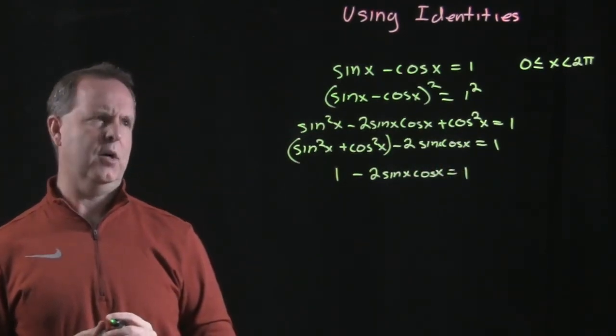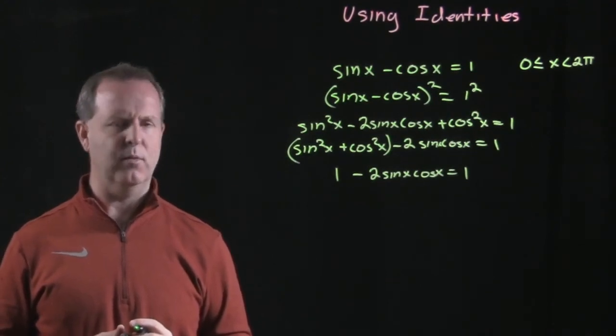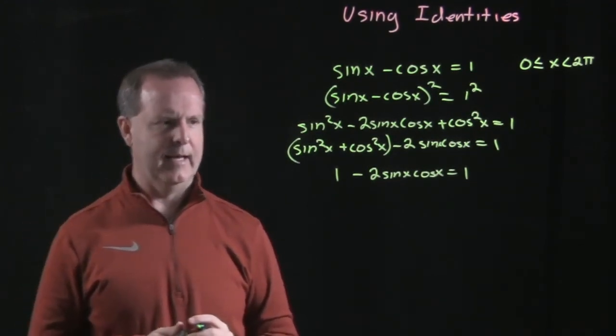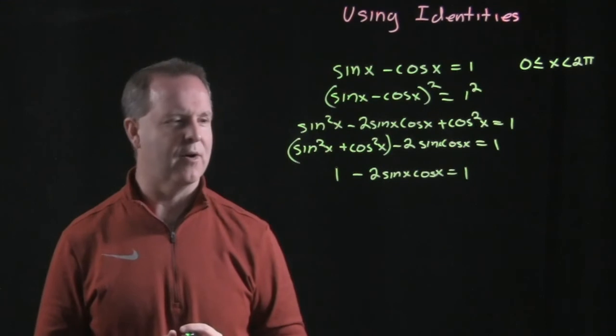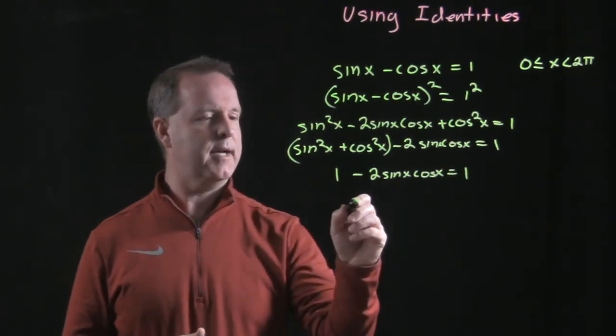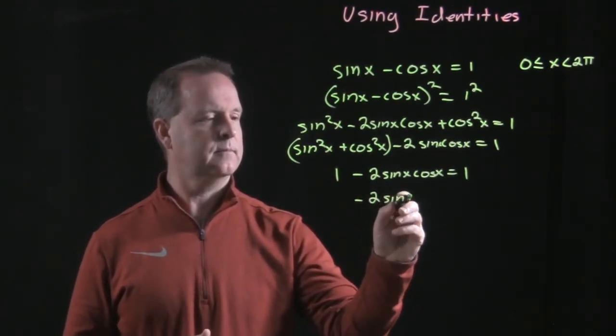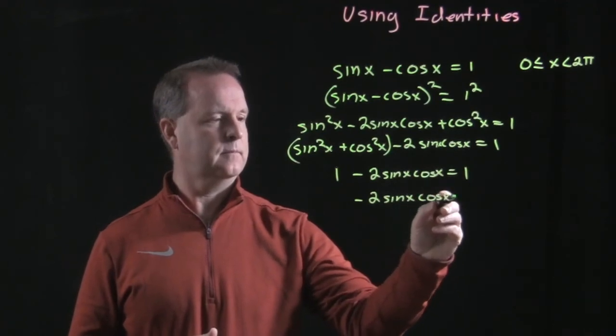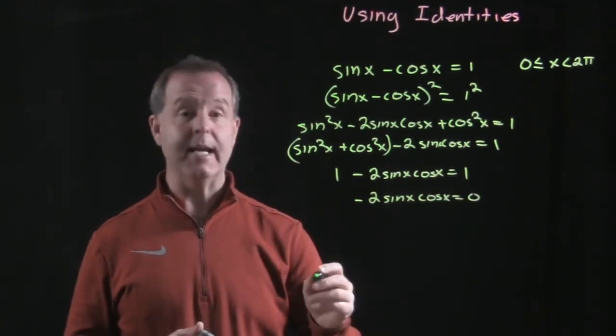All right, well, I started with a sine and a cosine. Now I'm still with a sine and a cosine. I don't know if we made any progress there at all. Let's subtract 1 from both sides. Divide both sides by -2.